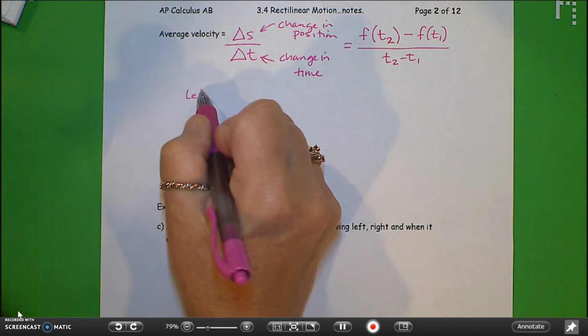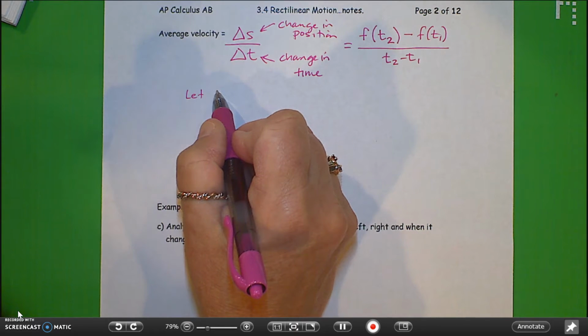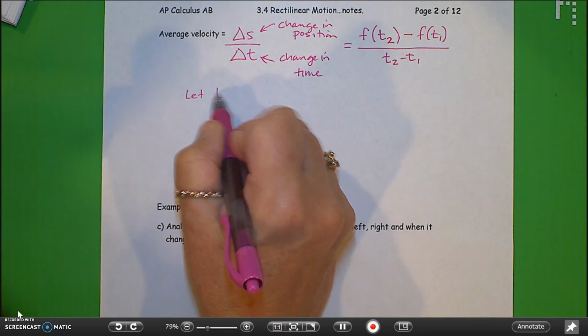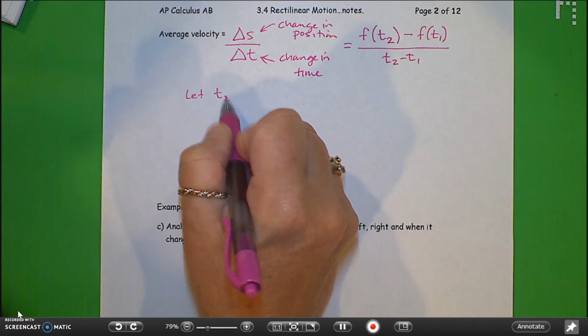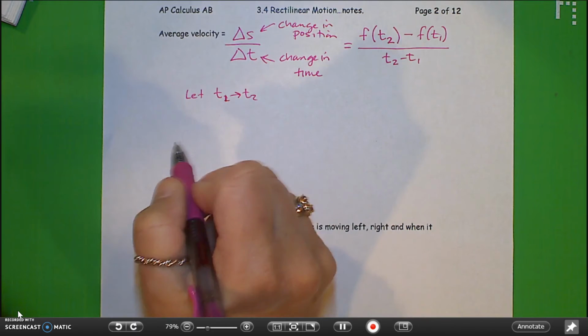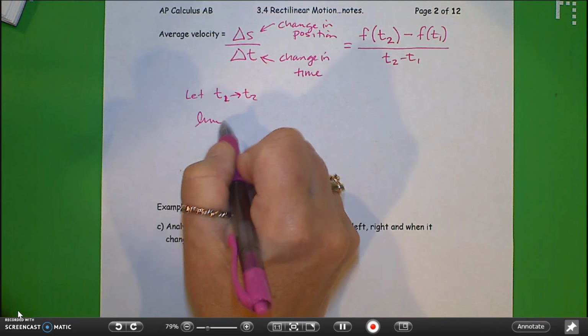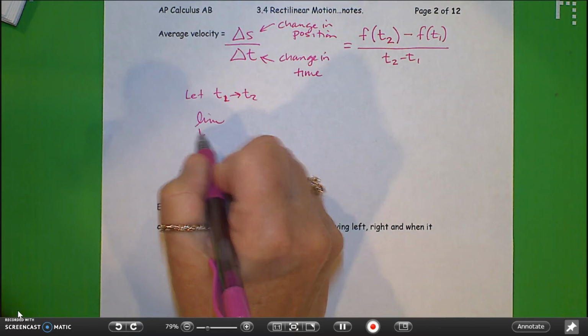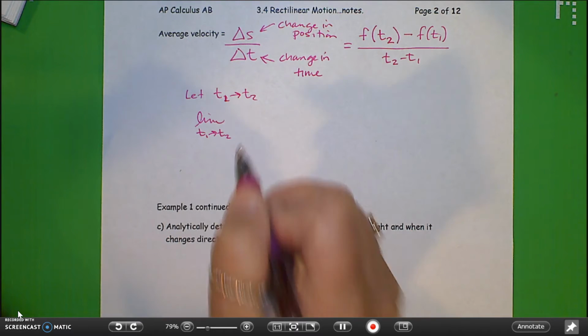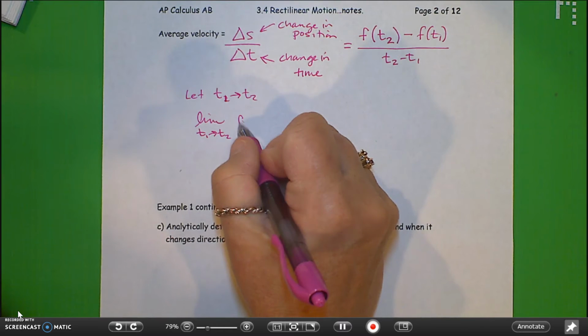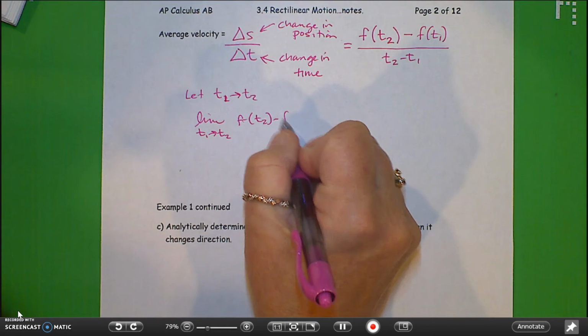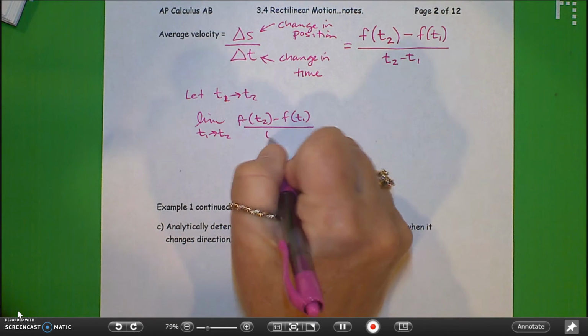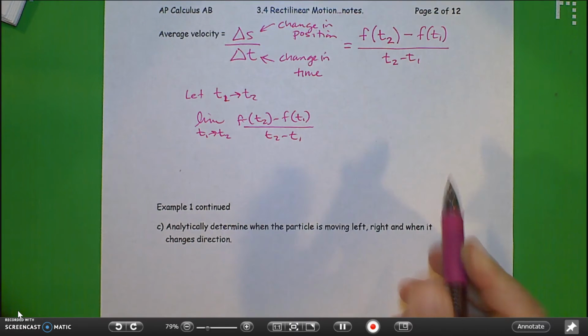So as we let t sub 1 approach t sub 2, then we could rewrite this average velocity equation as the limit as t sub 1 approaches t sub 2 of f of t sub 2 minus f of t sub 1 all over t sub 2 minus t sub 1.